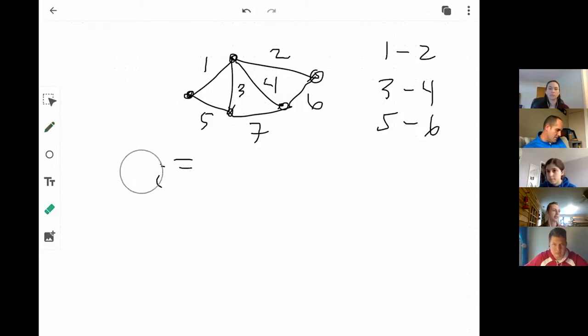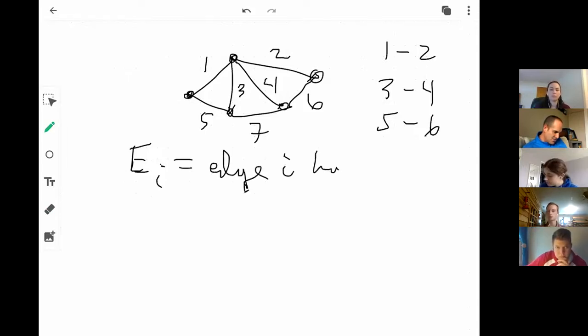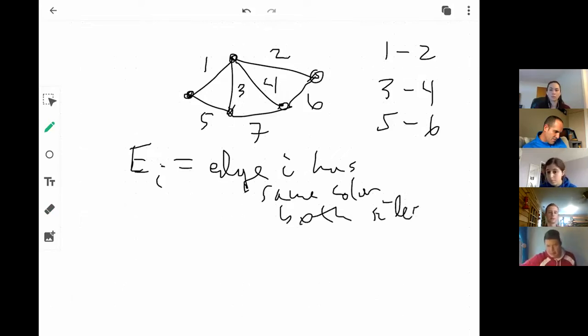But it doesn't matter. The set of colorings where the vertices connected by edge i get the same color. Edge i has the same color on both sides, right? Right. Okay, so both vertices on each side have the same color.